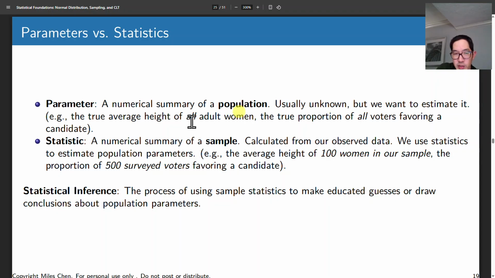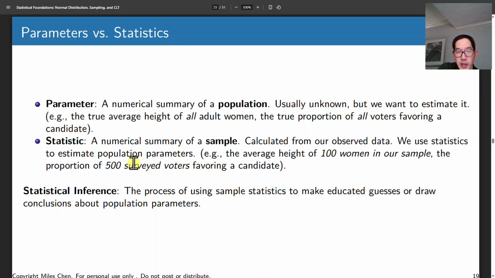So what we have to do is look at our sample and get a numeric summary from our sample, calculated from our observed data. We use our sample statistic to then estimate population parameters. Perhaps we get a sample of 100 women and we get the average height of those people in our sample. That would be a statistic.